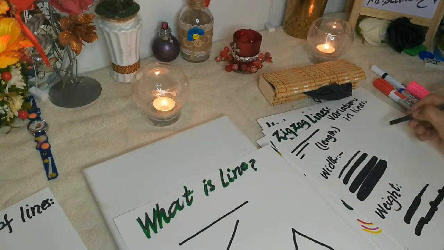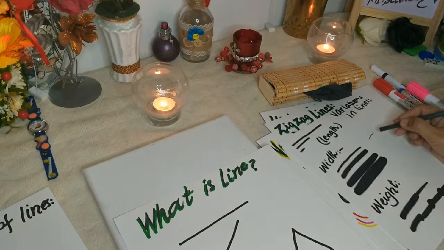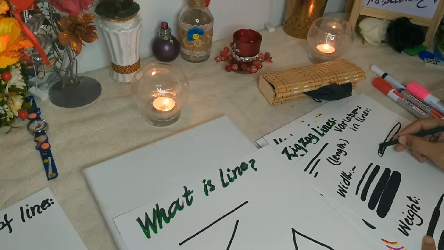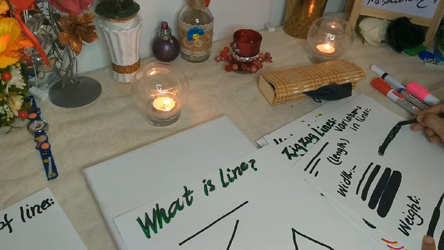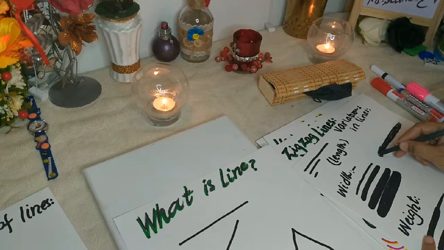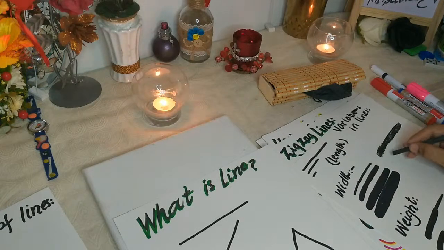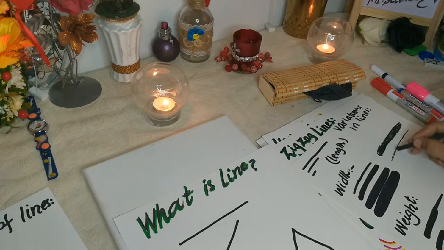So to create this texture, I am using a charcoal stick. When you are using charcoal, you can see the texture of the paper as well, because it is not going to fill completely.